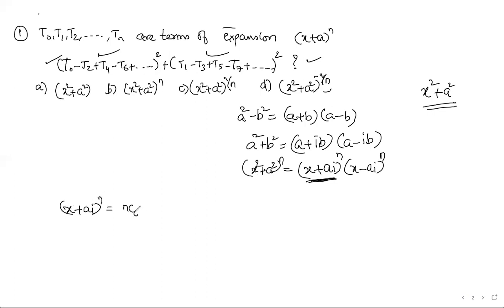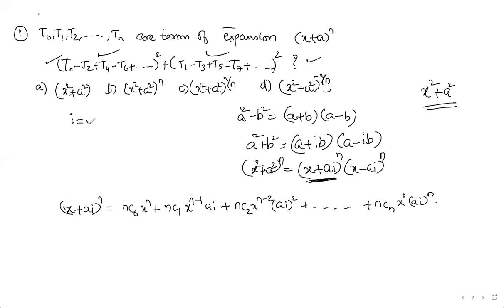It's nothing but nC0 x^n + nC1 x^(n-1)(ai) + nC2 x^(n-2)(ai)^2 + and so on, going until nCn x^0 (ai)^n. Before solving this, we'll see the properties of i.